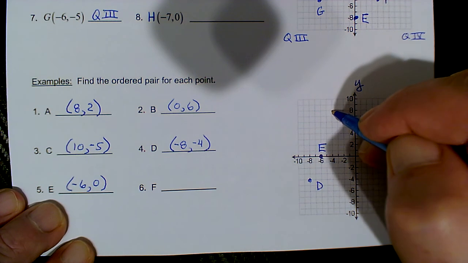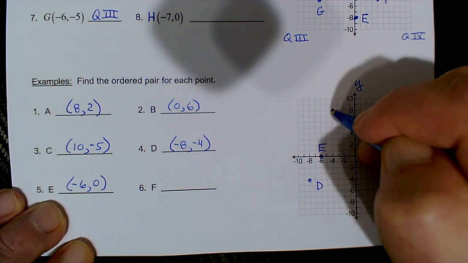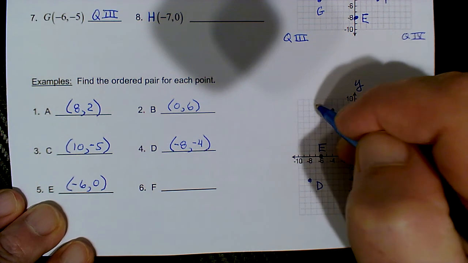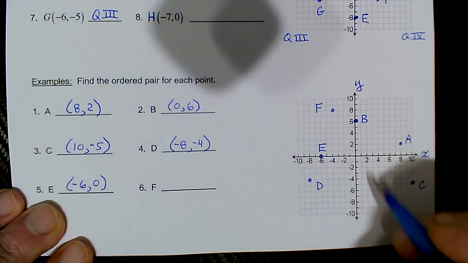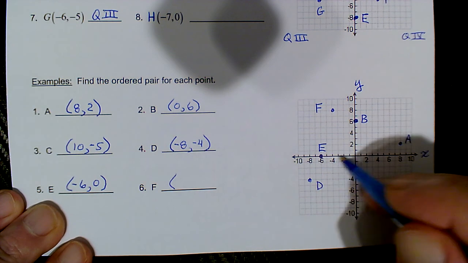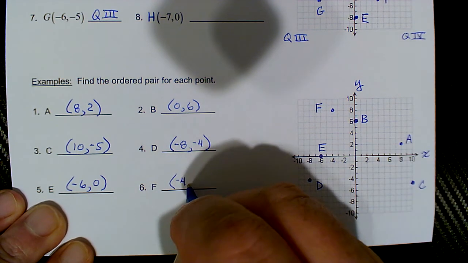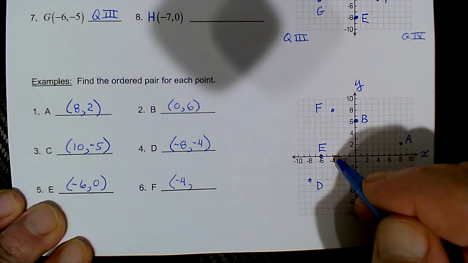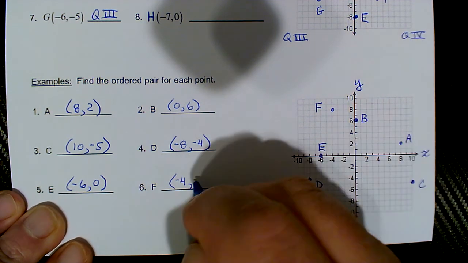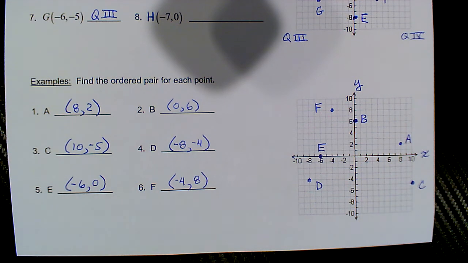And then finally, let's do one more. How about right here? Yeah, I'm going to call that point F. Okay, so from the origin to get to that point, move -4 in the x. So left parenthesis, -4, comma, y value, +8, and close the parentheses.